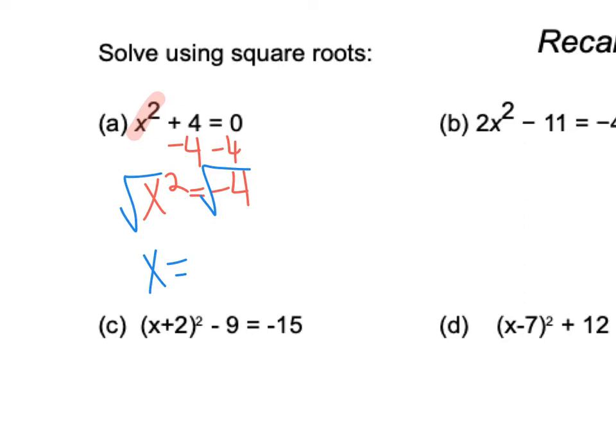Well, now we know that if we have a negative under the square root, I can pull out that negative 1 and the square root of 4. That's just a factor pair of negative 4, negative 1 times 4. And the square root of negative 1 we said was i, and the square root of 4 is 2. So we'd have 2i. And of course that means there's two solutions also, so we always put our plus or minus out in front.